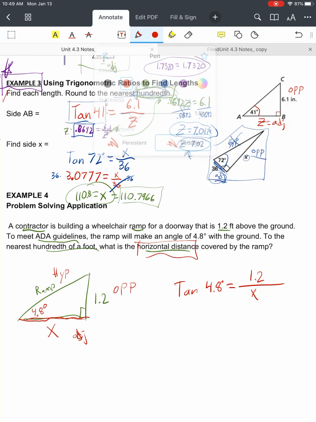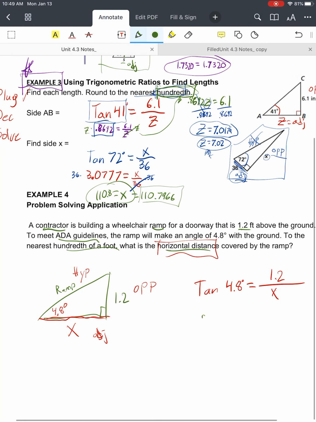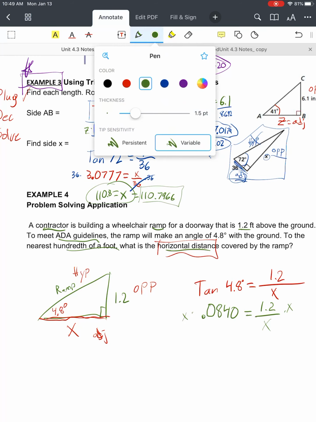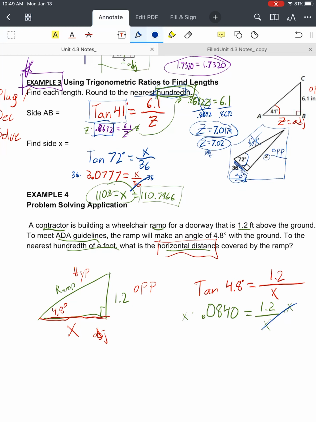We're going to do our decimal. The tangent of 4.8 is about 0.0839, going to 4 decimal places, equals 1.2 over x. Multiply both sides by x. Now there is a shortcut to this, the part I'm doing right now where I multiply both sides by x to get it out of the denominator.